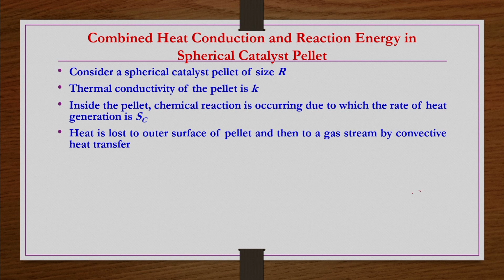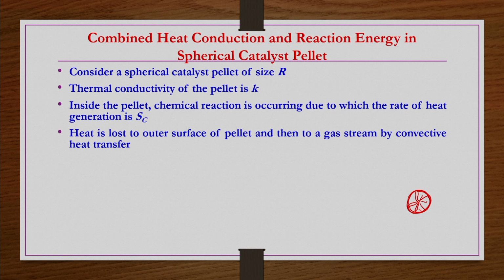So, that means you have a spherical catalyst pellet, some pores may be connected or broken or whatever. So, like this you have a catalyst particle. Now reaction is taking place inside this catalyst pellet. Because of the reaction the heat is being generated, and that is Sc. So, obviously the temperature distribution would be there here.